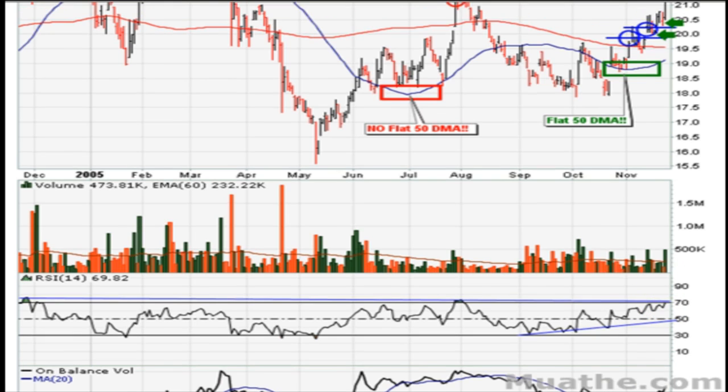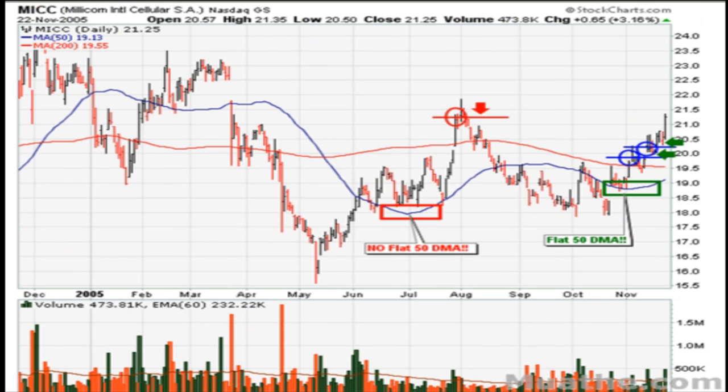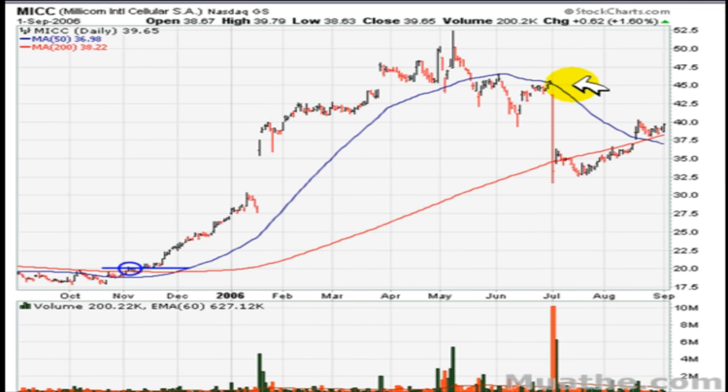So this seemed like a nice trade in late 2005. Now let's go back and see what happened after that. The prior chart was in the lower 20s. We move out of that flat 200-day moving average. We eventually got our crossover as we had anticipated, but notice what happened.